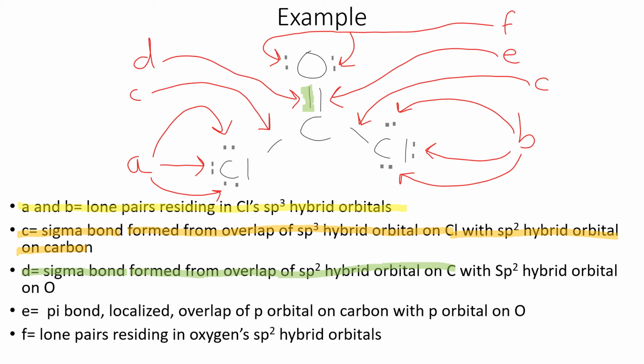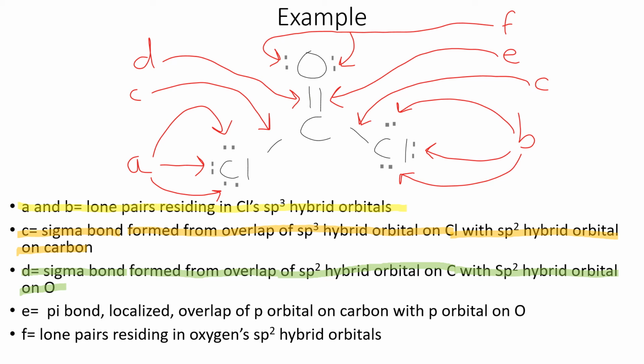So when we're describing those electrons forming the sigma bond between the carbon and the oxygen, we would say that they result from a sigma bond formed from an overlap of the sp2 hybrid orbital on the carbon with an sp2 hybrid orbital on that oxygen. So those would be electrons D.